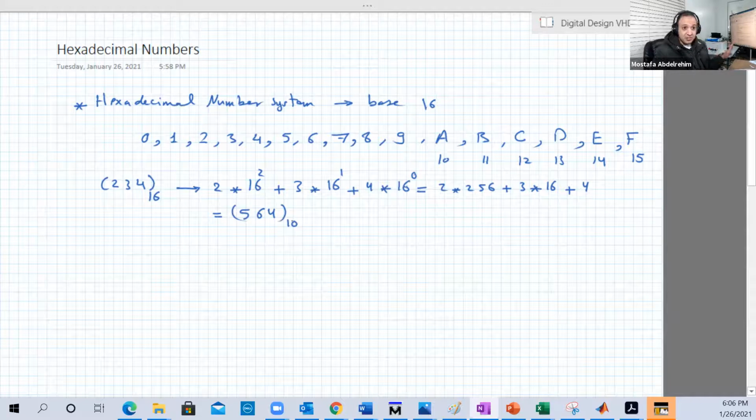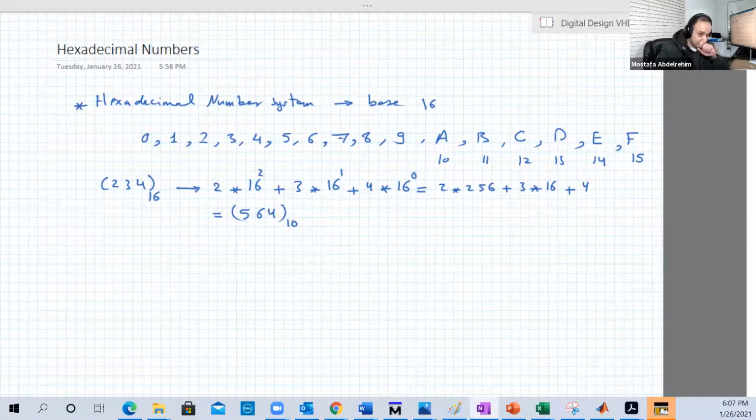So it's completely different. It's not 234, it's 564. Now we have the question: why do we need such a representation? Let's do the conversion from hexadecimal to binary.